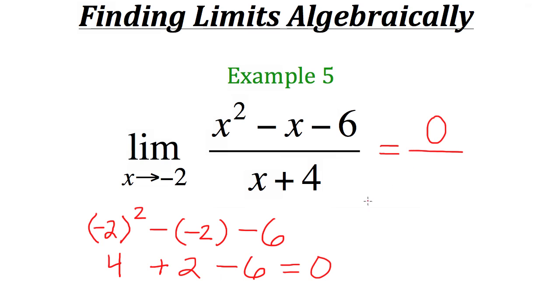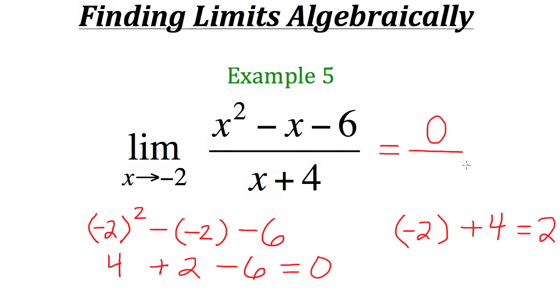Now let's find the limit of our denominator. So we have x plus 4, and we want to find that limit as x approaches negative 2. So we'll plug in that x value we're approaching. So we have negative 2 plus 4, giving us a value of positive 2.